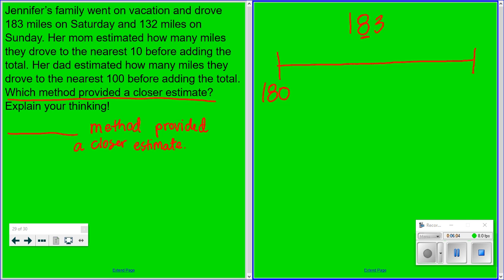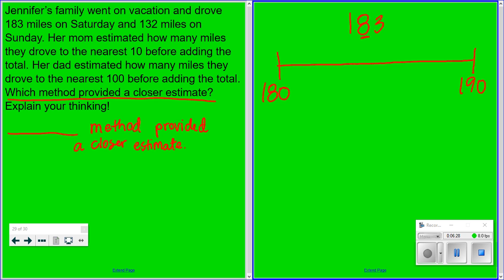If I'm rounding to the nearest 10, how long is my number line? Brinley? 10. So what's going to be my endpoint now? Dominic? 190. There's one more step I need to do before I can just start putting numbers on my board.